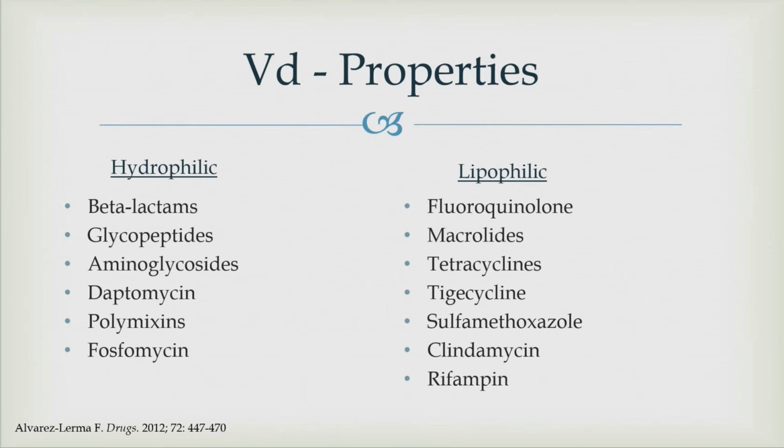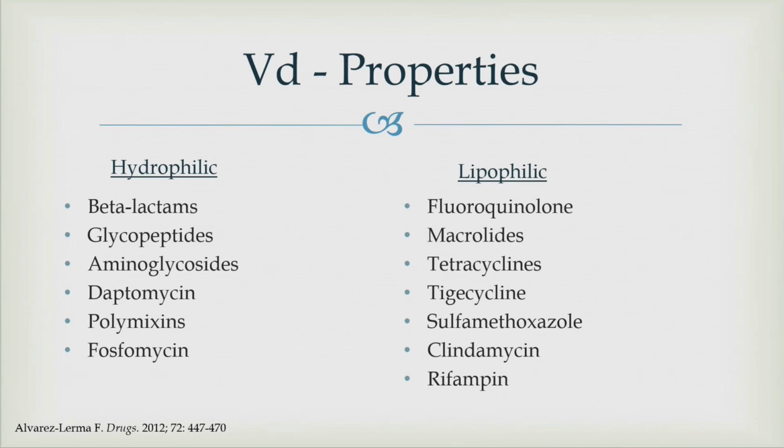So when it comes to different volume of distribution properties, here are some examples of hydrophilic versus lipophilic antimicrobials. Again, to hit this point home, when we talk about volume of distribution with hydrophilic antibiotics, thinking about how to dose them and what weight to use, I am going to care more about using ideal body weight, lean body mass, maybe adjusted body weight, when I'm dosing hydrophilic antibiotics that will have an overall lower volume of distribution.